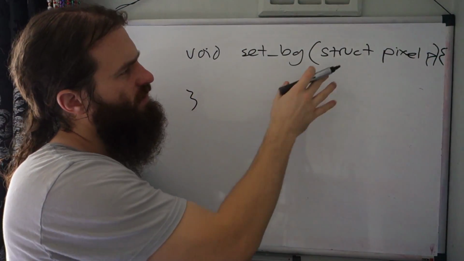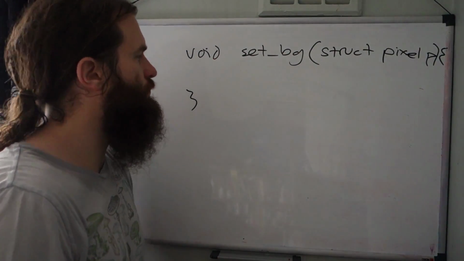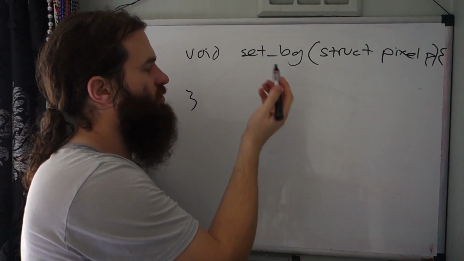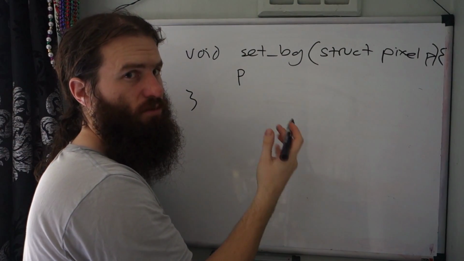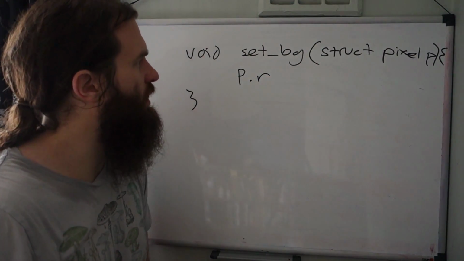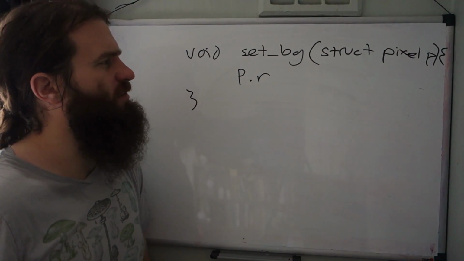Now we're just passing the struct pixel type into our function. And then we can use that within the function, and we can reference the variables within that struct by using our dot notation again. So we're encapsulating the values that are passed in.